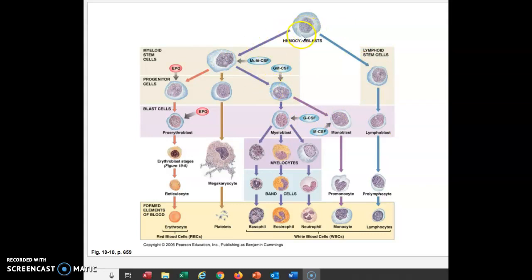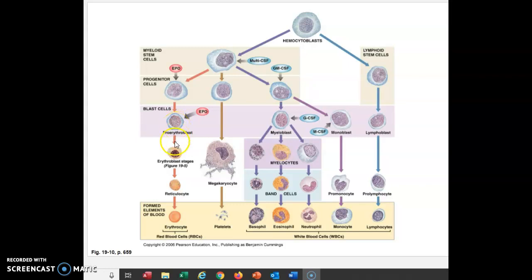If a hemocytoblast is exposed to multi-colony stimulating factor, what determines which route it goes? If it's then exposed to EPO, erythropoietin, which is a hormone produced by your kidneys, then it will go this route. Later on, it'll go through different stages and get exposed to more erythropoietin, which tells the cell to start building a bunch of hemoglobin.